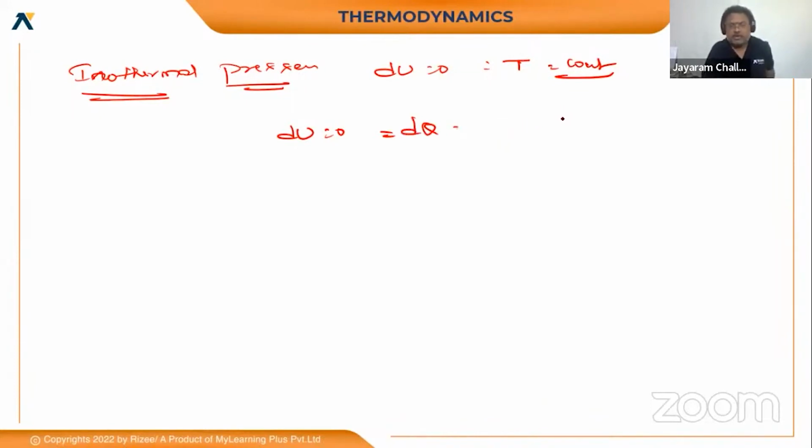It is working at constant temperature, so the change in internal energy delta U is equal to 0. In the sense that the temperature is maintained, the internal energy will not increase; it remains constant in the isothermal process. So these are the different situations, and you have to go by the slopes.